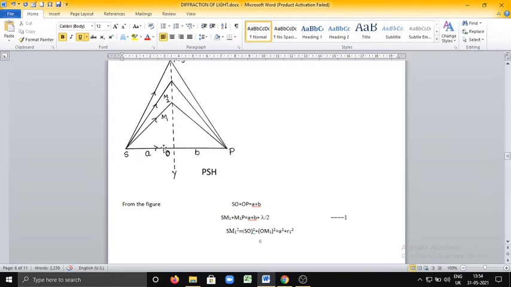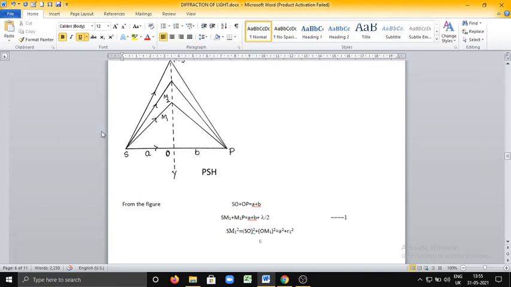Why we have added lambda by 2? Because we know that the path difference between the consecutive zones is lambda by 2. For every consecutive zone, there is an increasing path difference of lambda by 2. That is why we have added lambda by 2 compared to SP. Therefore, SM1 plus M1P is equal to a plus b plus lambda by 2.